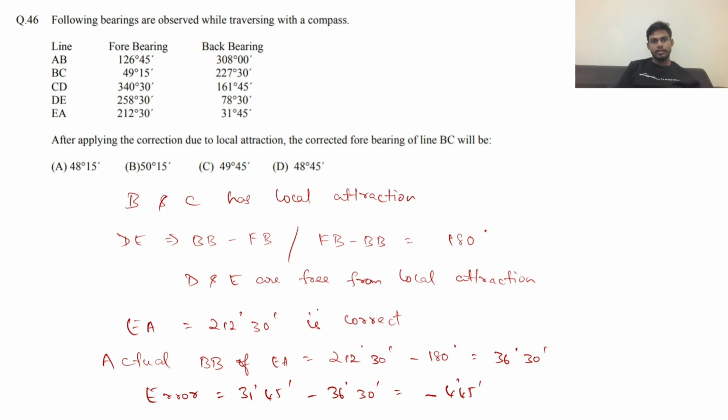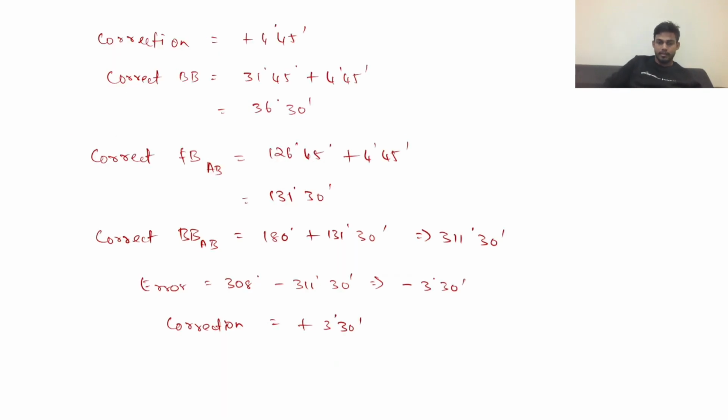The question asked is the correct forward bearing of BC. Correct forward bearing of BC means we have to apply the correction at station B, and we have derived that the correction at station B is plus 3 degrees 30 minutes.